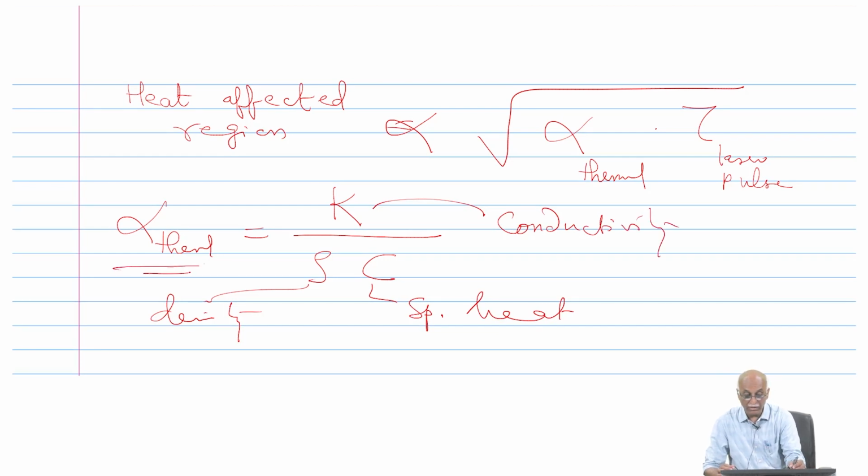Okay. If thermal conductivity is large, that means thermal diffusion coefficient will be large. So, as the laser pulse interacts with the material, because of the thermal diffusion the heat may escape to the nearby tissues. To reduce that effect, the pulse duration should be as short as possible, and that is why for such effects, ablation etc., we use short pulse lasers, because the heat affected zone will also be limited.